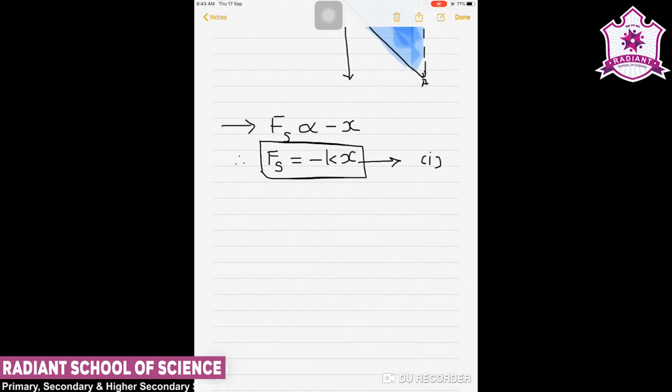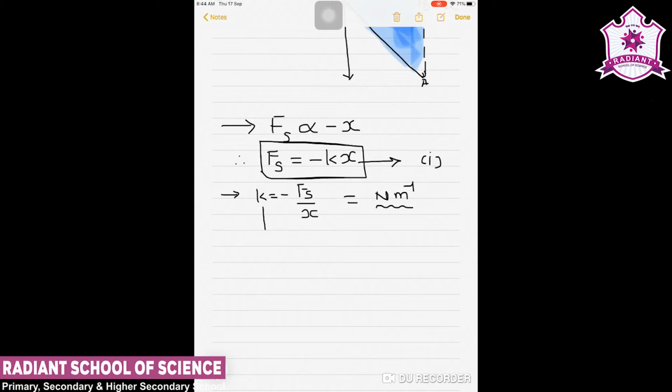Now, if we want to find out the unit for the spring constant, we can make k the subject, and it will be Fs over x with a negative sign. So Newton per meter is the unit for the spring constant. Here the spring is said to be stiff if k is large, and the spring is soft if k is small.